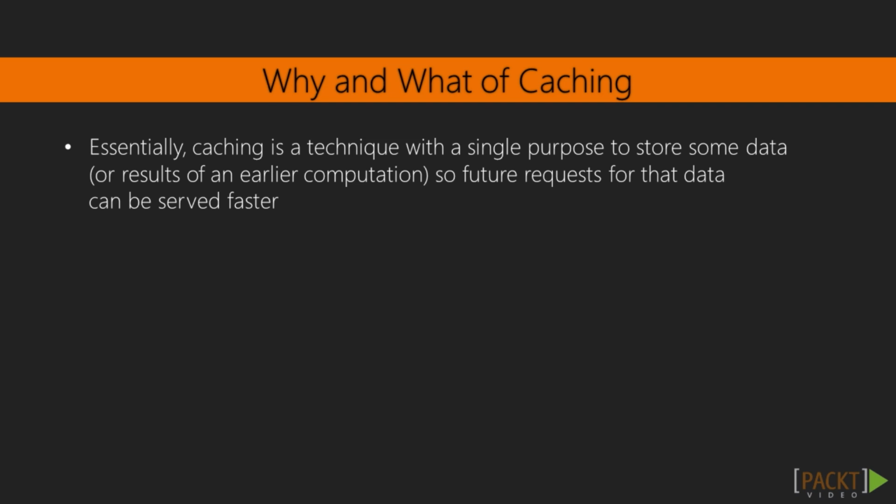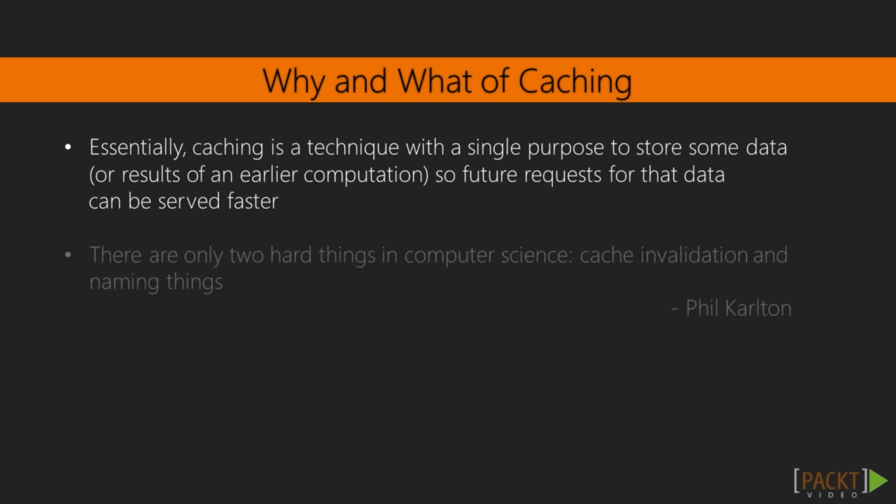The immediate gain of effective caching is much faster request processing. However, caching brings a whole new class of different problems and challenges to address, and Phil Karlton's quote still holds true these days. Removing or refreshing the stale cache data, also known as cache invalidation, could be a complex problem.